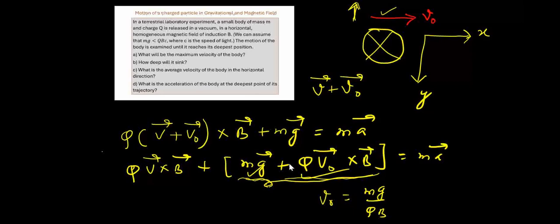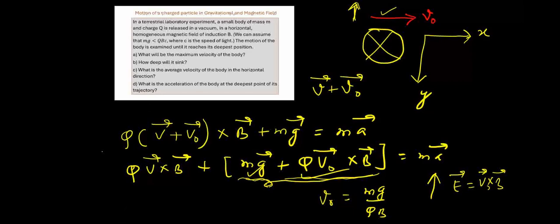We can also say that a homogeneous vertical upward electric field E equals v0 cross B, in fact, with magnitude definitely v0 B, because v0 and B are perpendicular to each other, is present there, and the effect of this electric field balances the vertically downward gravitational force of magnitude mg.